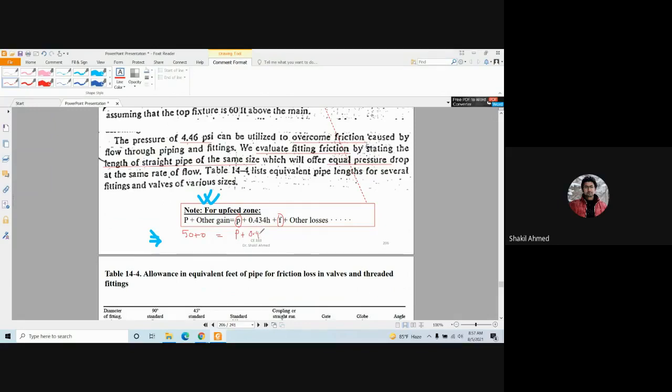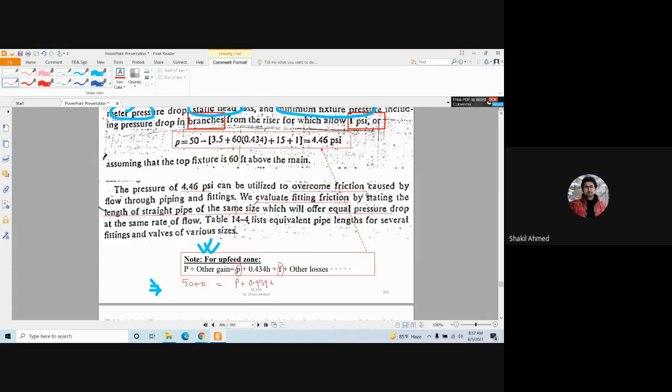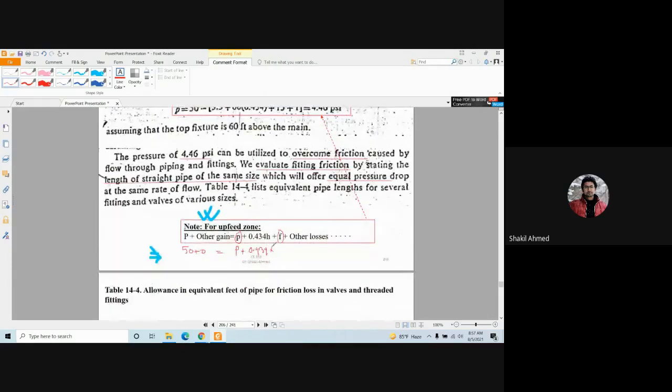0.434 into h. You know the height. What is the height, guys? Now 60 feet. Let's say this is 60 feet. Plus, what is your minimum fixture pressure? 15.